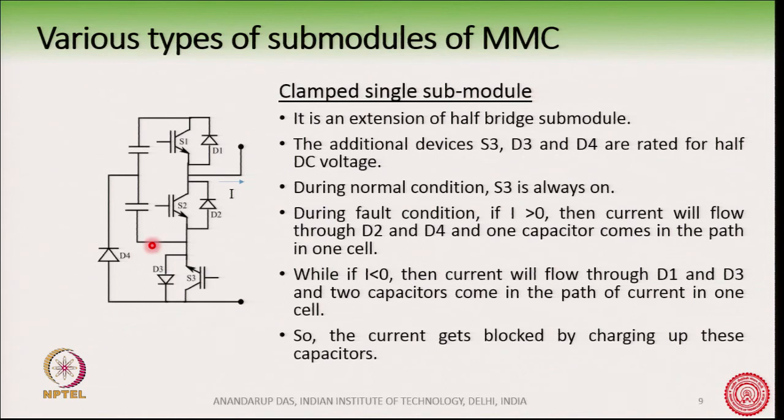If the current I is less than 0, that means this is the current flowing and we have shut off all the IGBTs, then the current will flow like this. It will go through D1, through the whole DC link, through D3 and go like this if I is less than 0.